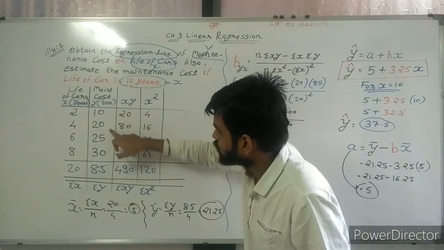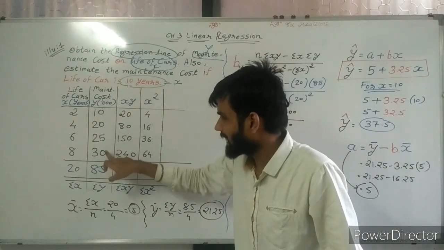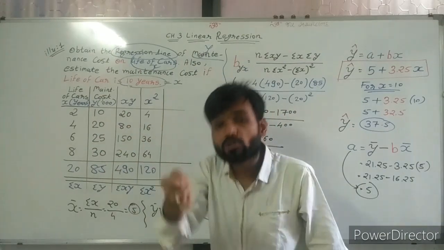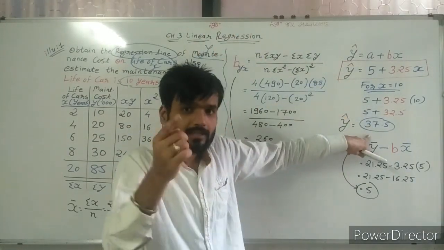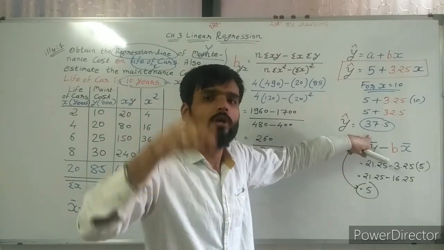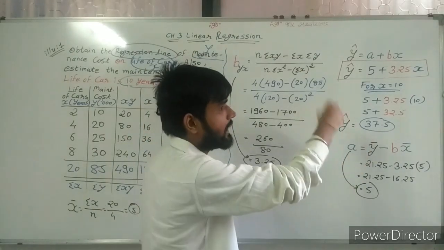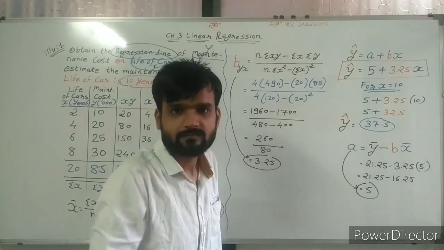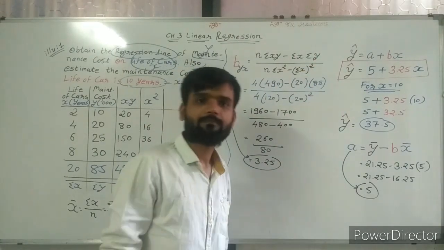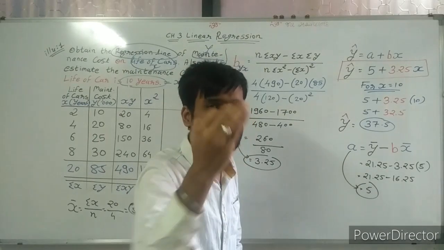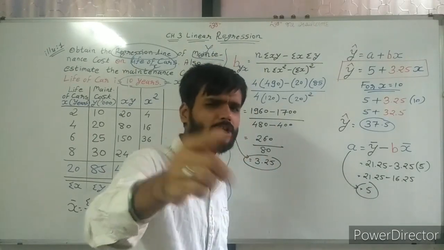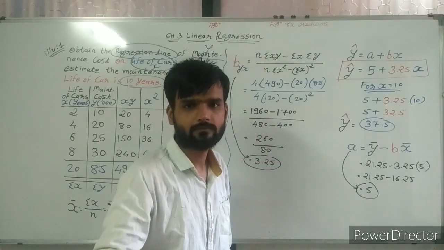These are the original values of y, not estimated values. But on the basis of the regression line, whatever answer we get is the estimated value. And for that estimation, we are writing the cap sign. This is the main thing. Now everybody clear? 100% clear.